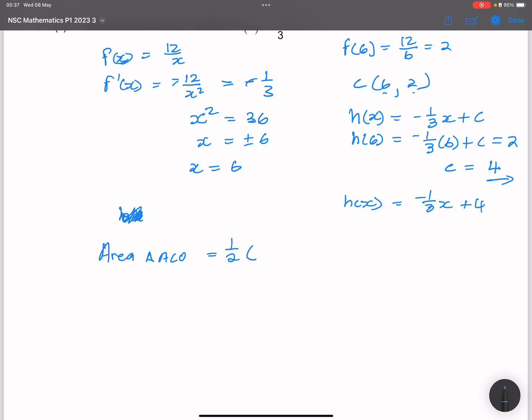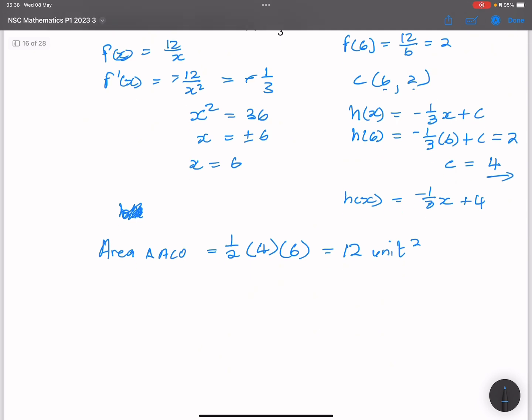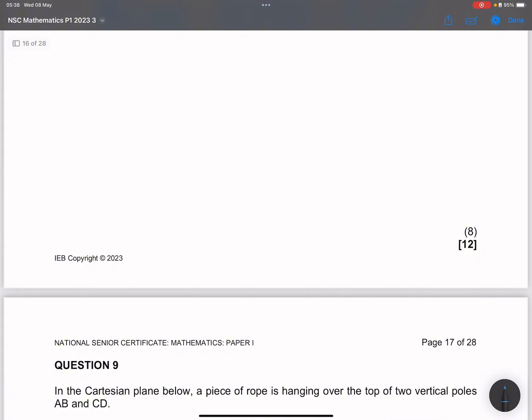We said our base is 4, and our perpendicular height in that case will be the x value at C, and that is 6. In this case, ladies and gents, I'm sure you can see how that will be 12 units squared. Every time we look at area, we're going to square the units. And that essentially is how we conclude question 8.